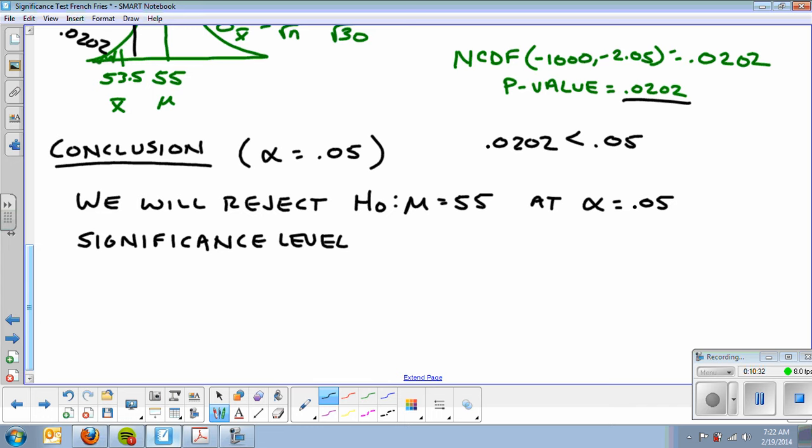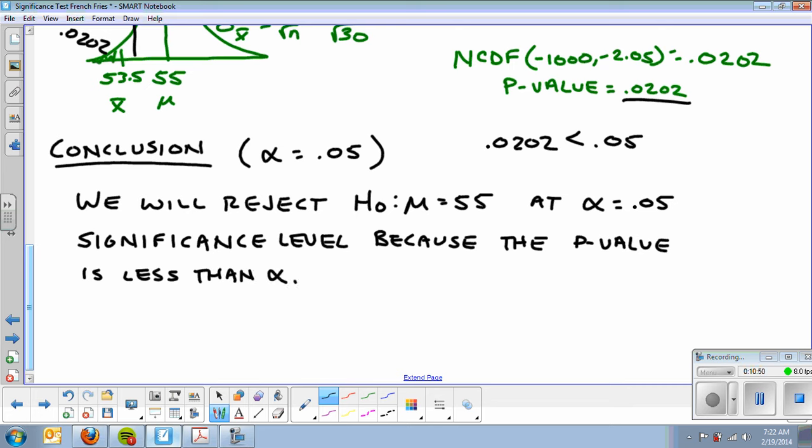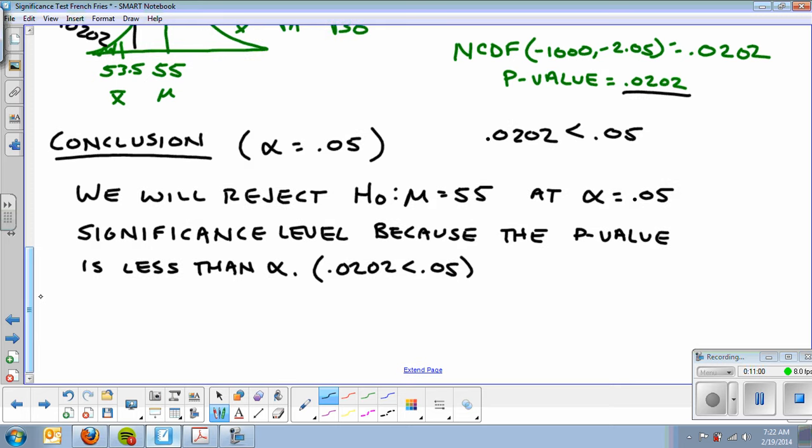Why are we doing this? Because the p-value is less than alpha. So again, 0.0202 is less than 0.05. So that makes it real concrete. It doesn't make it a guessing game anymore. If it's less than alpha, then you reject.